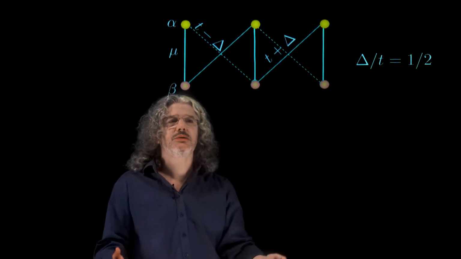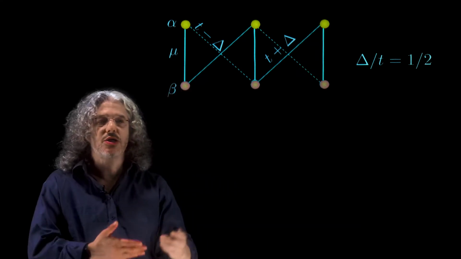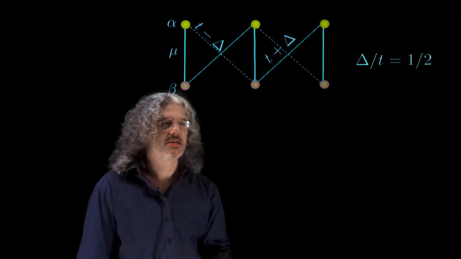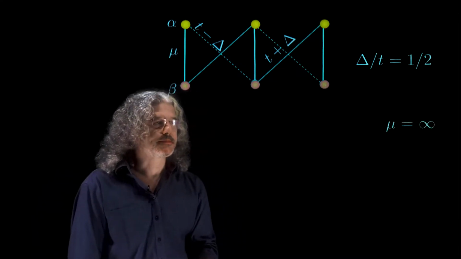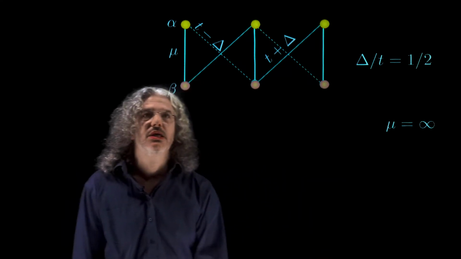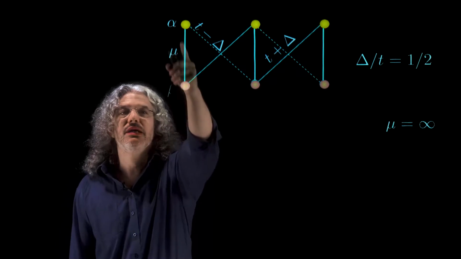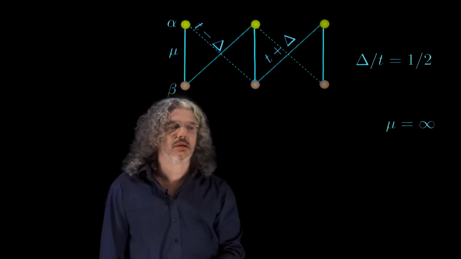Let's see how the topology of the system changes as we change the parameters. Let's first discuss the case in which mu is equal to infinity. Then we have coupling between alpha and beta on the same site.